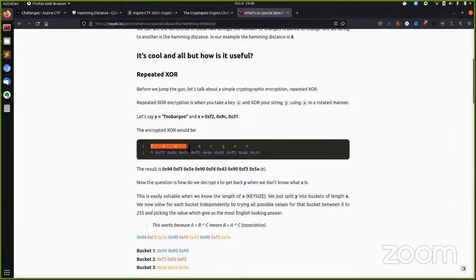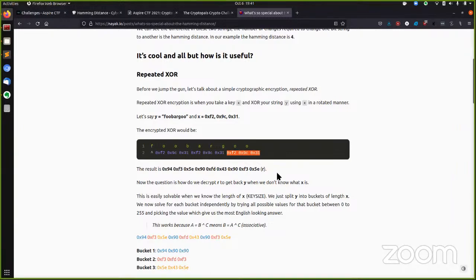As you can see, the first 3 characters are encrypted by these 3 key bytes. Then the next part would also be encrypted by the repeating key here. And the final part would also be encrypted using the same key. So this is a repeating key XOR, and this would be the result.